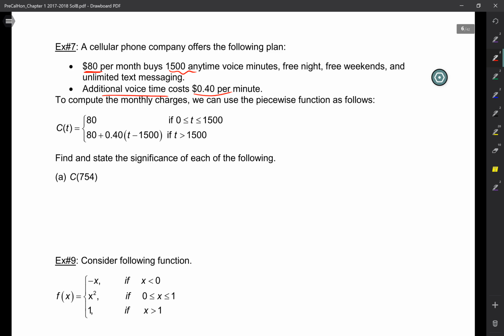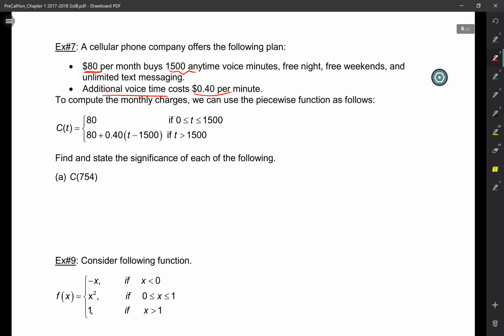So if you want to write the monthly charges C of t, it's going to look like this: it's $80 as long as t, which is the minutes that you're speaking on the phone, is between 0 and 1,500 inclusive. So even if you don't talk at all for an entire month, you still have to pay them the $80, so it's included there, and 1,500 is included as well.